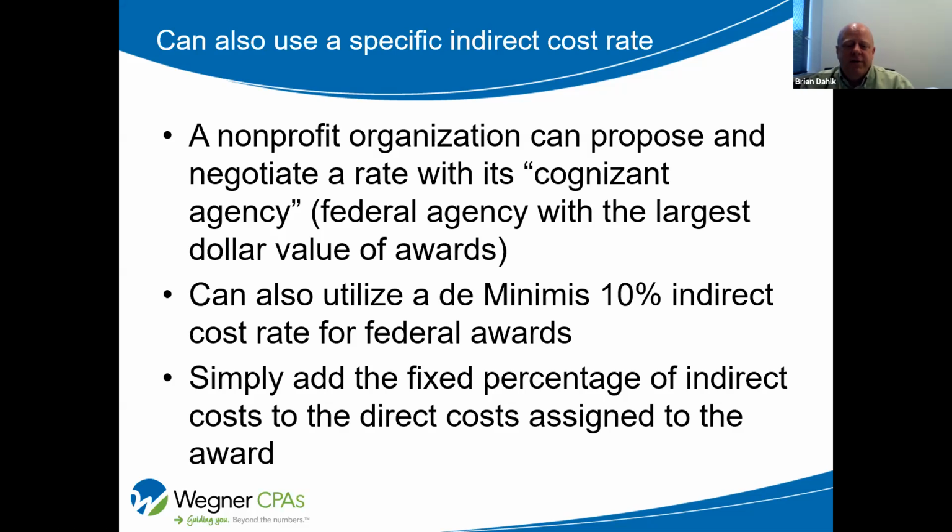You just apply the 10% rate and that's about it. So like I said, this is the simplest way to do it. You just add the percentage of indirect costs to the direct costs assigned to the award, and you're done.